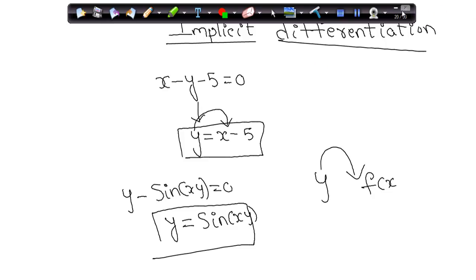Follow the 3 steps carefully so that you can understand what exactly I mean. Let me explain the steps first, then I'll solve 1-2 examples, then I'll solve around 10 to 15 questions so that you get a very good, clear idea about implicit differentiation.